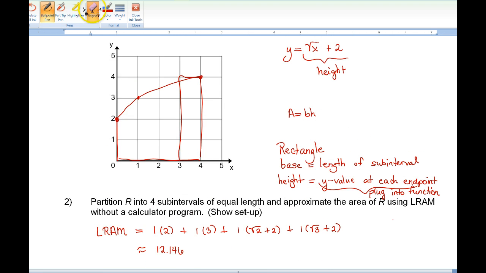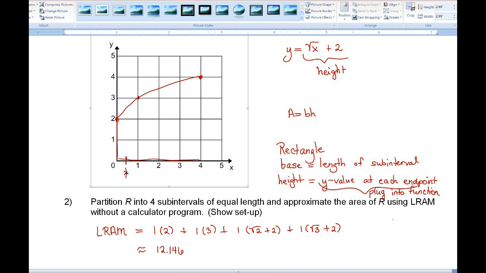If I go back here and look at the picture, I'm using 1/2 to determine my height, 3/2, 5/2, and 7/2, because those are the midpoints of each subinterval.